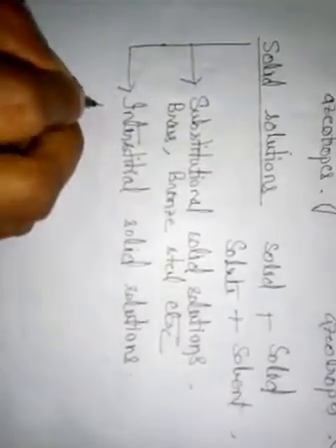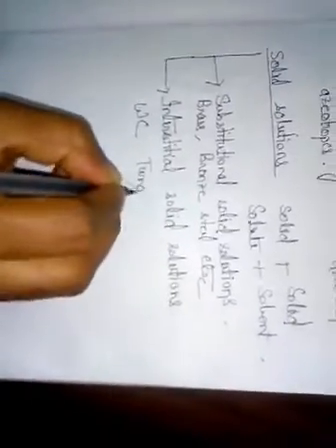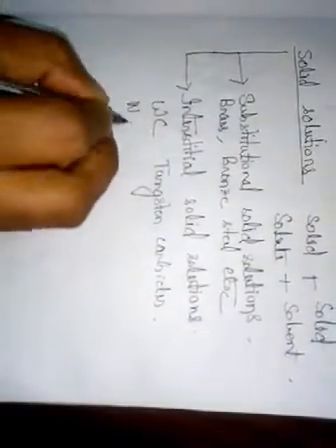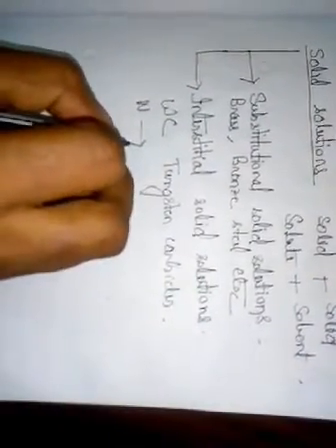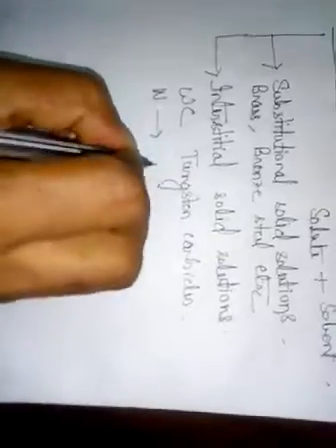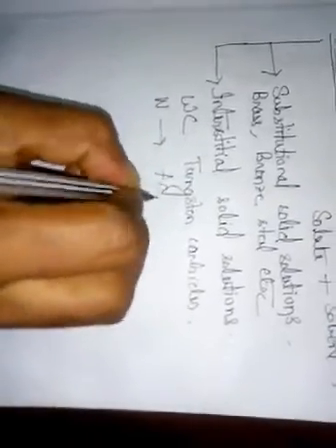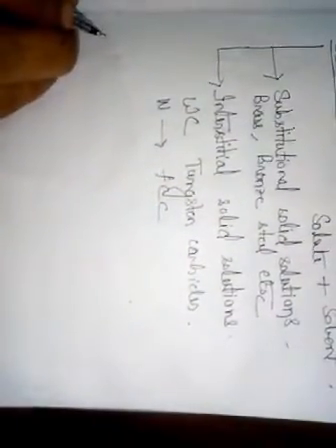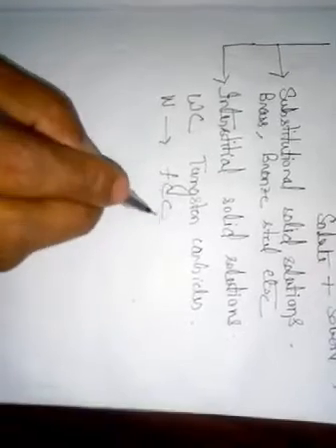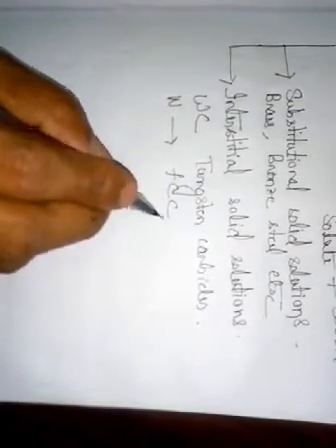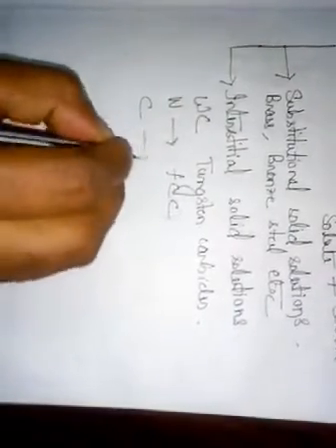It's tungsten carbide, in which tungsten atoms are arranged at face-centered cubic lattice and the carbon atoms occupy the octahedral voids.